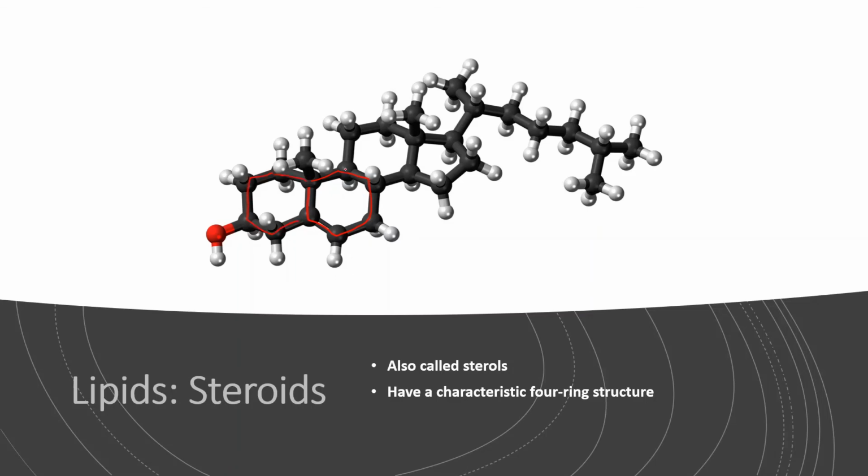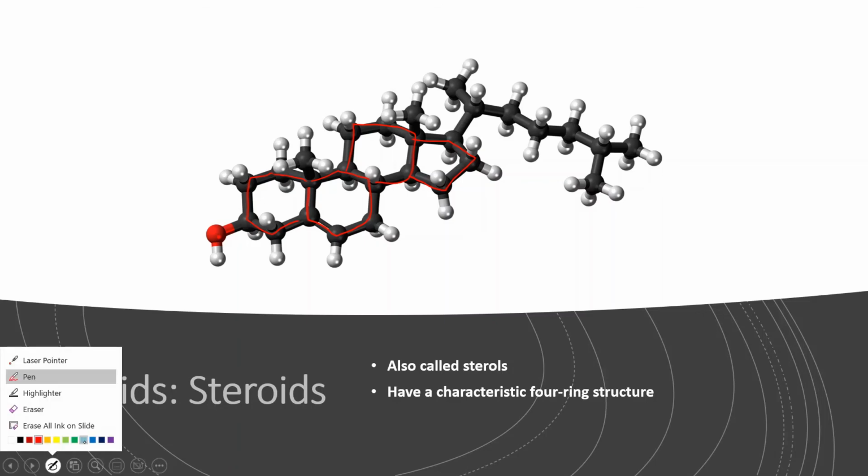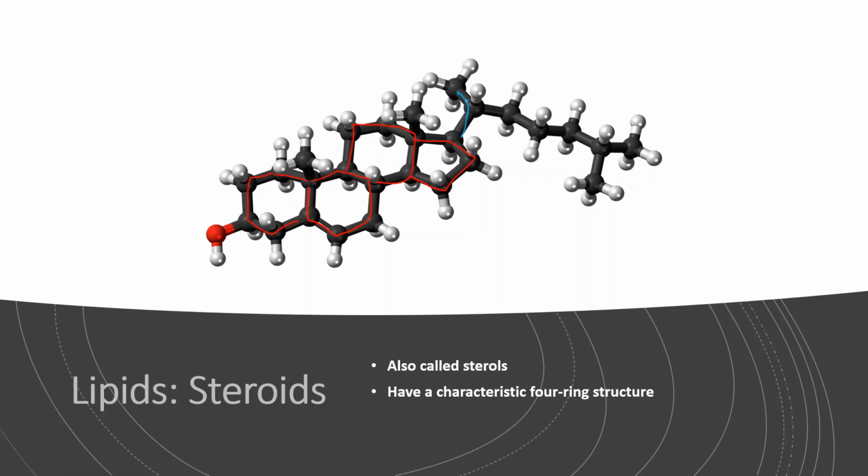There's 2. Here's a ring right here, and there's another ring right there. So there are 4 rings, and then the guy hanging off the end kind of looks like a fake ring, but actually it's just a tail hanging off. So this 4-ring structure and then a tail is your classic image of a steroid or a sterol.